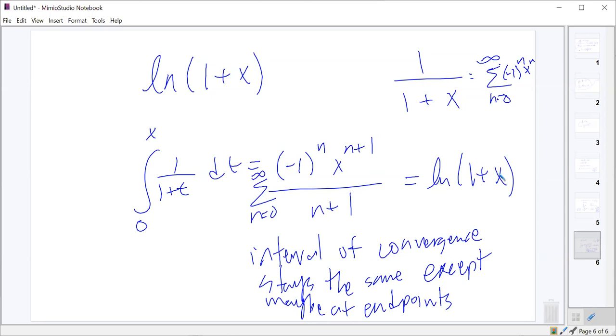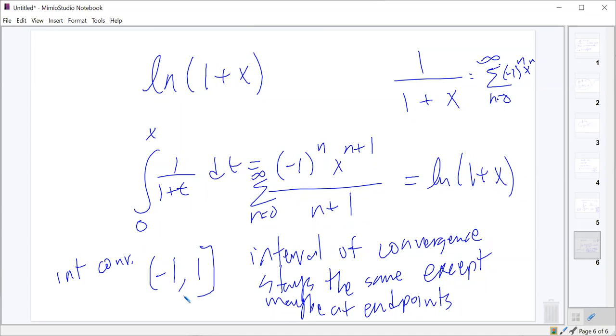If you plug in negative 1, is it true? And if you plug in 1, does it work out? For the natural log of 1 plus x, you'd find that you can't plug in negative 1 because that gives you natural log of 0, which doesn't work. So open bracket on negative 1, but if you plug in 1, we found that it did work.